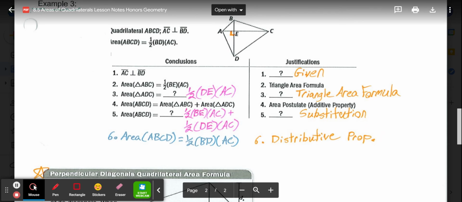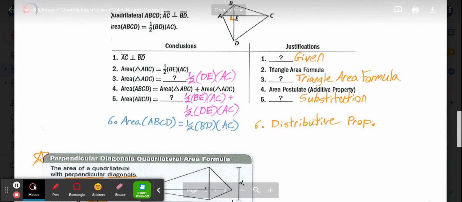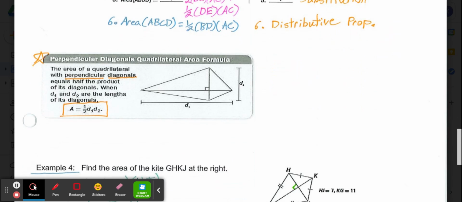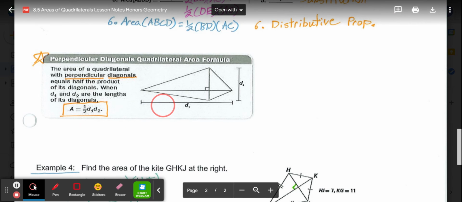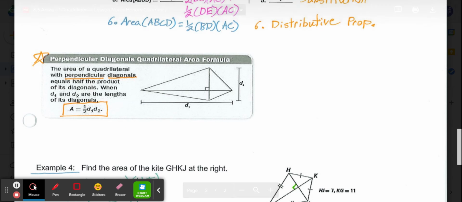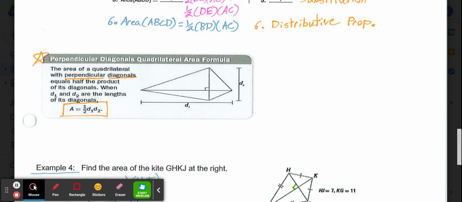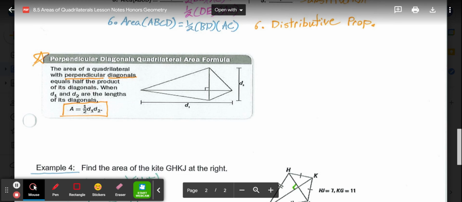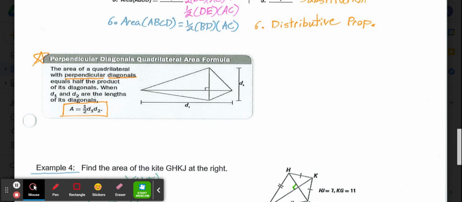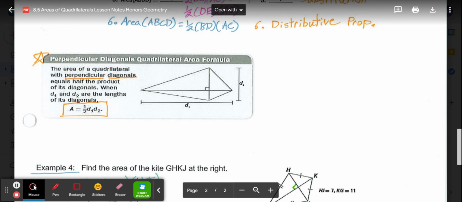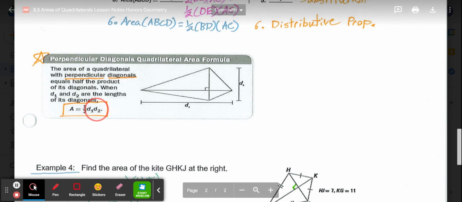The reason this whole thing matters is that it's built into this final formula, the perpendicular diagonals of a quadrilateral area formula. If any quadrilateral has perpendicular diagonals, we can find its area using this formula, which is 1/2 the product of the diagonals.